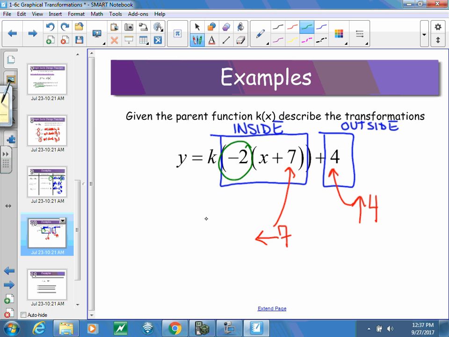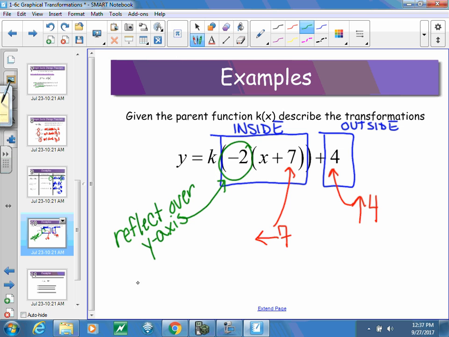Well, this -2 is telling you two different things. First of all, it's telling you that we are going to reflect over the y-axis.